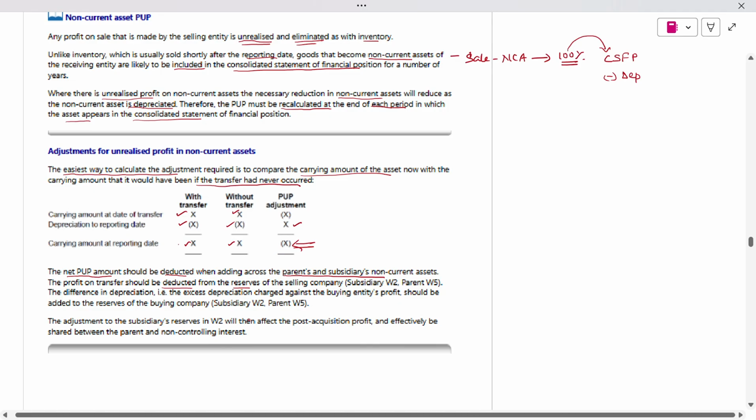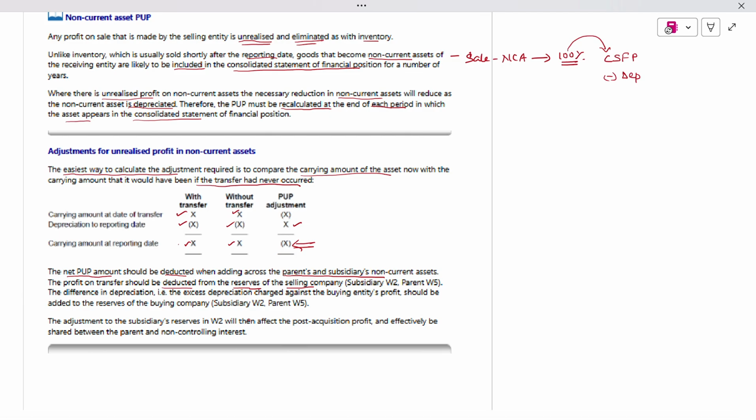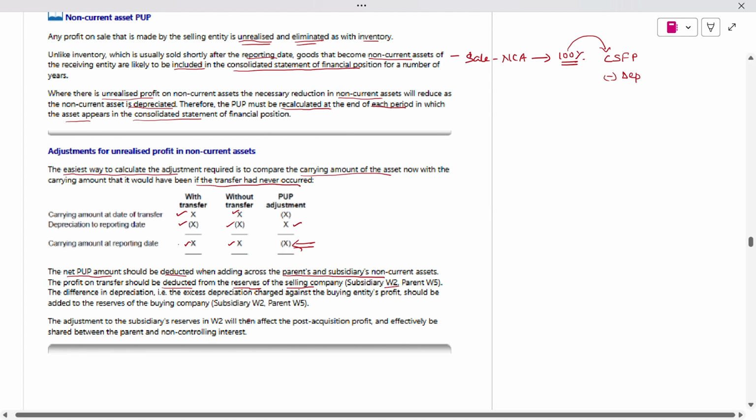If reserves are not given, then you take retained earnings, of the selling company. If the subsidiary is the selling company and there are any profits, you deduct it from subsidiary working 2 and parent working 5. Whatever difference you get is treated as depreciation.